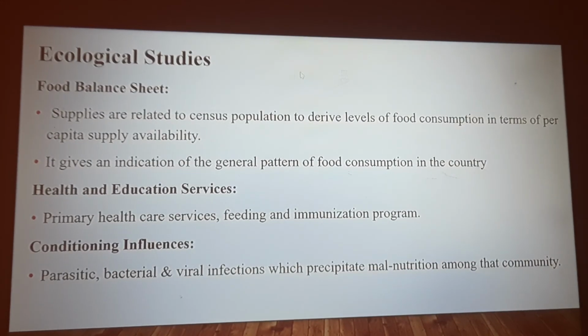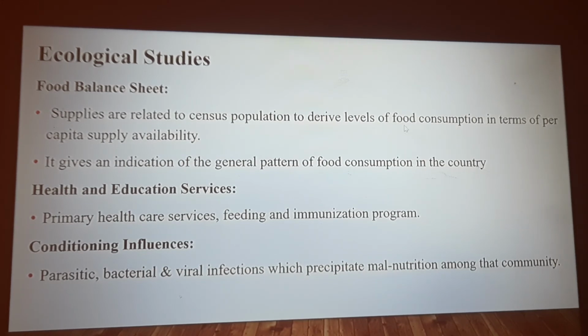The next method is ecological studies. This is also a method of nutritional assessment. Ecological studies mainly means the food balance sheet, that is, in a population what is the level of food consumption and how much food is provided to a country, indicating the general pattern.